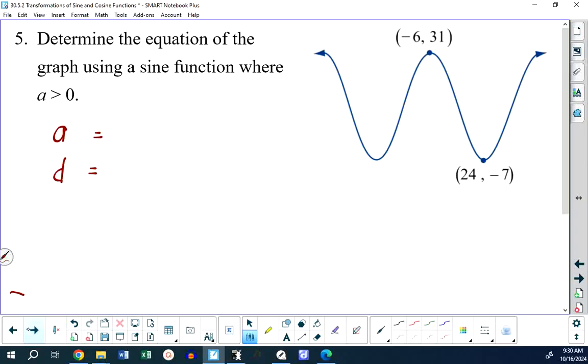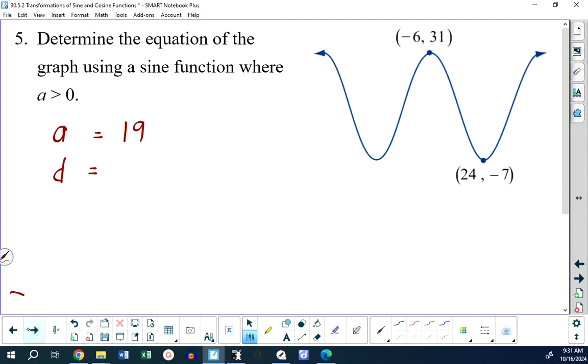What makes this more complicated is there's not a grid to look at, and the numbers are bigger. I want to say 19 for a.